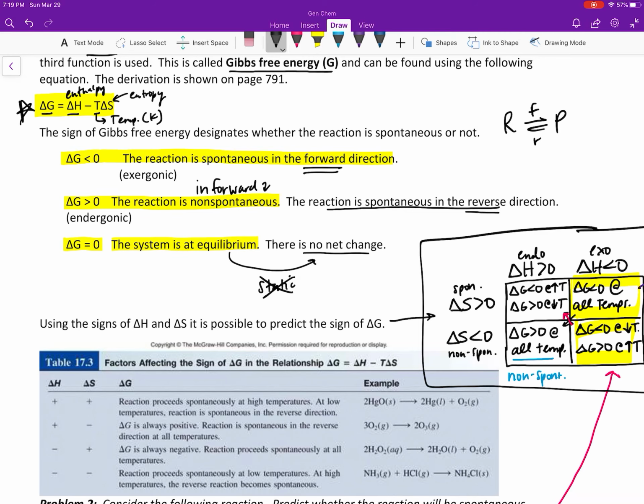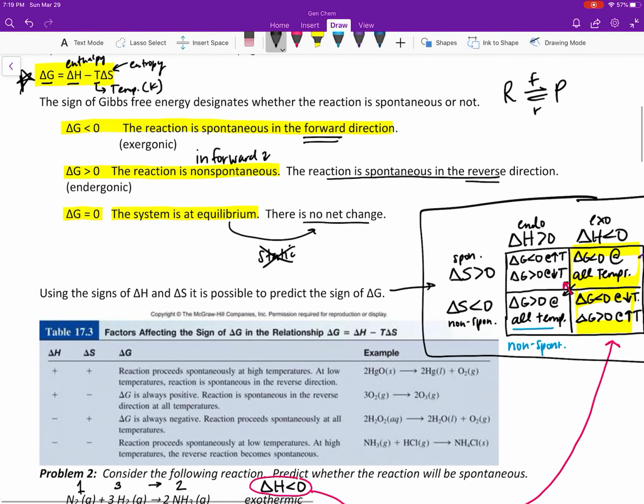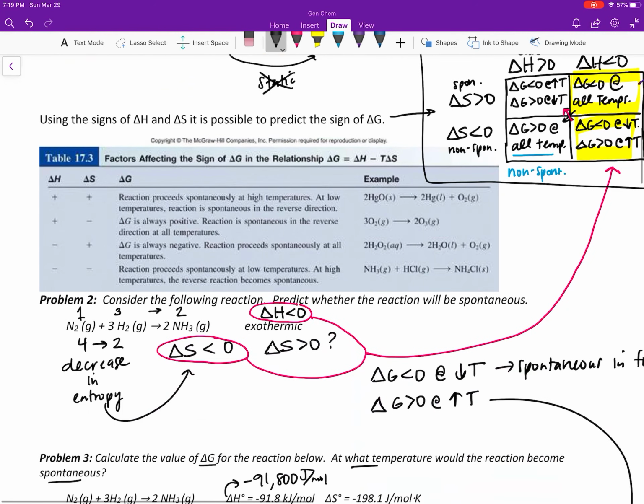That brings us to an equation, which is delta G equals delta enthalpy minus the temperature times the change in entropy. If the delta G is less than 0, it's spontaneous in the forward direction. If it's equal to 0, then it's at equilibrium. Q equals K. If the delta G is greater than 0, positive, it's non-spontaneous in the forward direction, but it's spontaneous in the reverse direction.